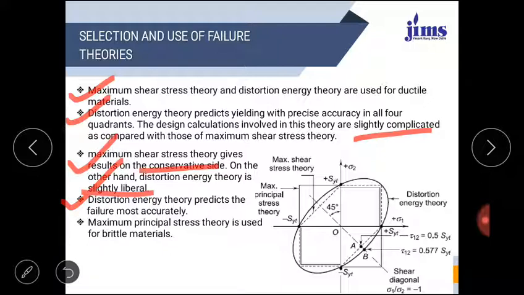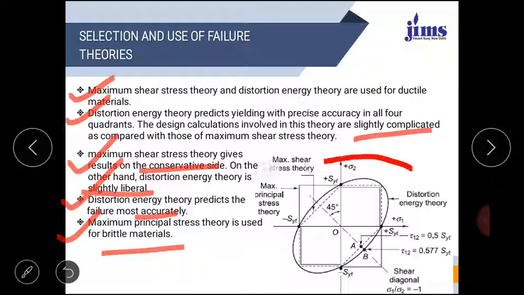Distortion energy theory predicts the failure most accurately. Maximum principal stress theory is used for brittle material. All these points we have already covered, but this is a recap to understand how to use the theory of failure in various situations.